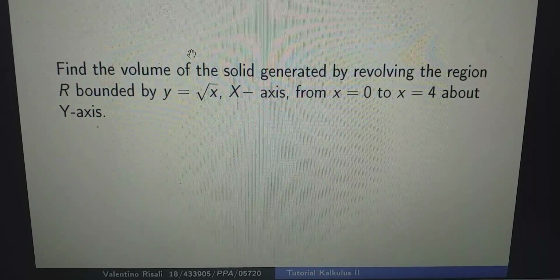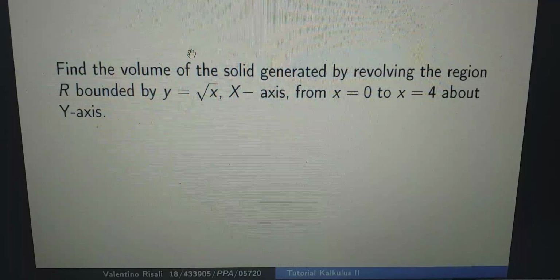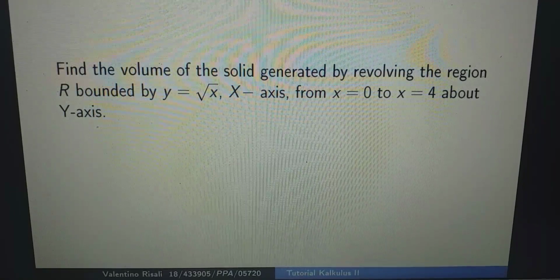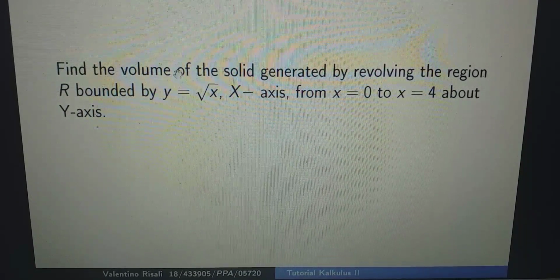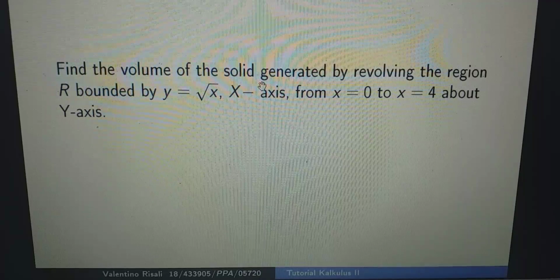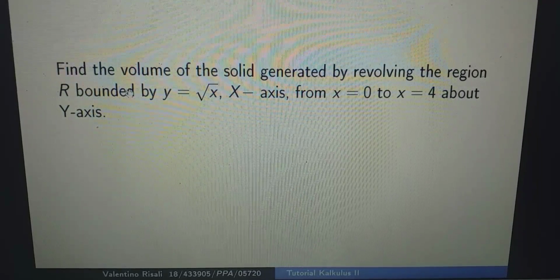Next, we will explain the difference between those two methods. Again we have the same question.